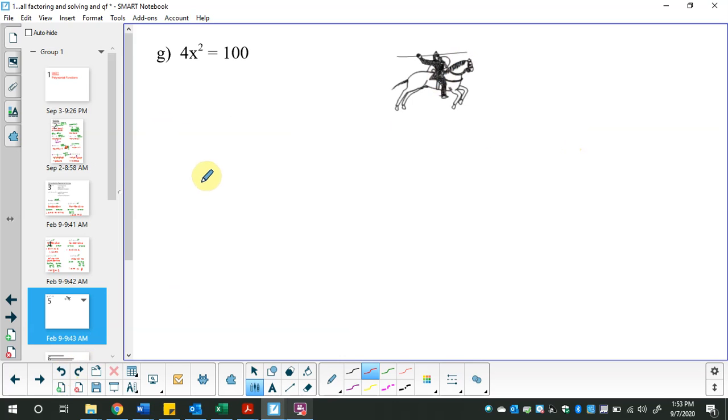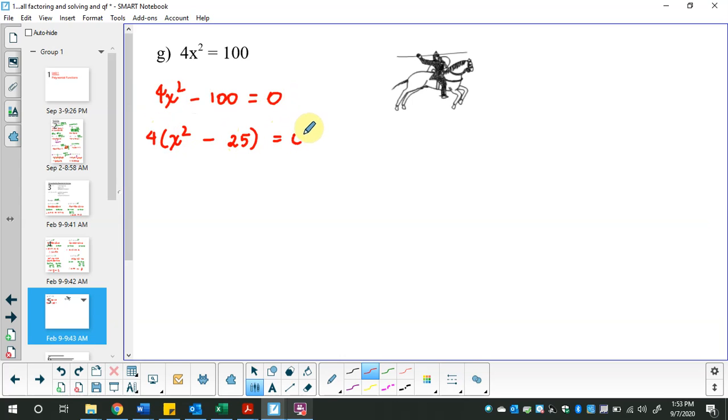Anyhow, so I'm going to start with the most mathy way of doing this question. And the most mathy way of doing this question is noticing that I don't have my equal 0, so I should pull this 100 across the equal sign to make an equal 0. And then I should pretend that the equal 0 isn't there, and I should factor this. So for instance, I can take a 4 out of both these terms.